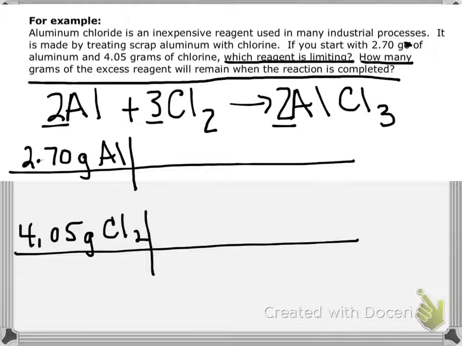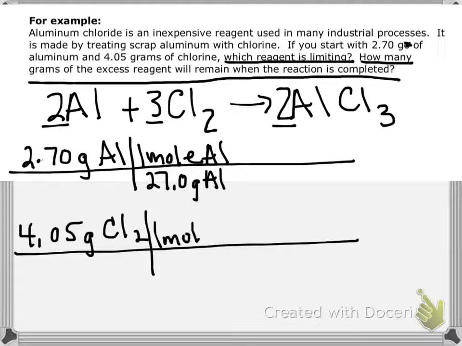So remember, the very first step of a stoichiometry problem, once you have your written and balanced equation, is you have to get whatever units are given to you in the problem converted into moles. So since I'm starting with grams of both, I'm going to use molar mass to help me get from grams to moles. 1 mole of aluminum weighs 27 grams, and you can look on the periodic table to see that. 1 mole of chlorine gas weighs about 71 grams.